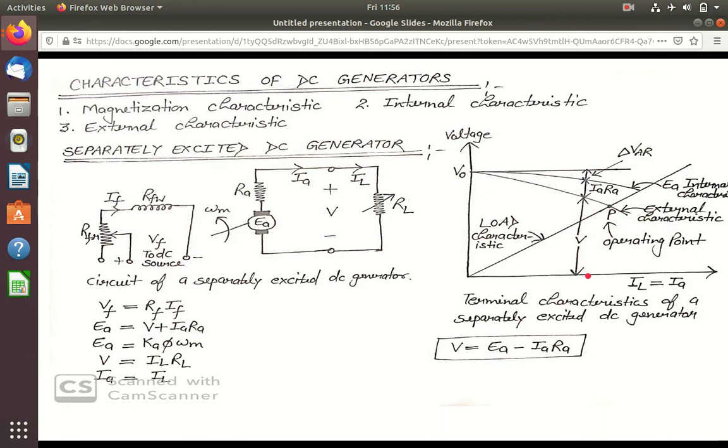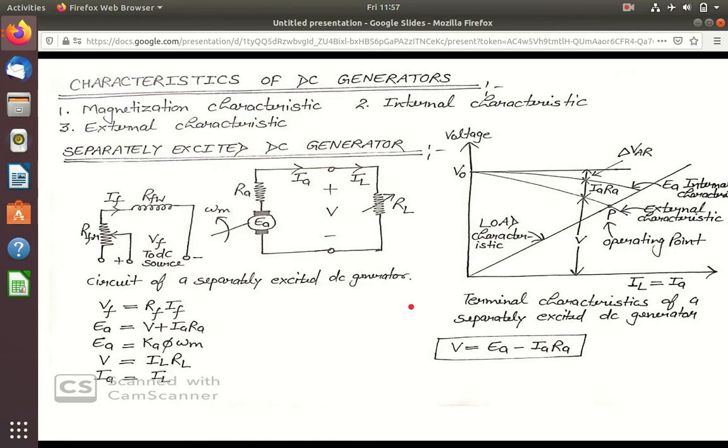The operating point gives the operating values of terminal voltage V and terminal load current IL, with load resistance RL. So with the help of this point P, you can determine the value of terminal voltage V and load current IL.